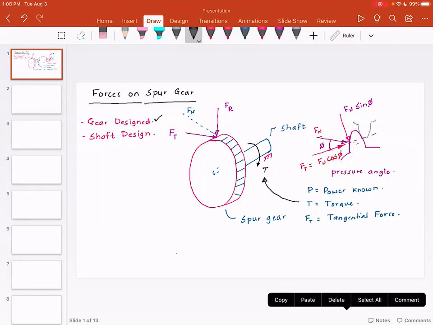But if you look at the locations of the Fr and Ft, I want to show you the front view. Imagine you're standing here. If this is the cantilever support, support A, in the front view you are going to see Fr, and in the top view you are going to see Ft.